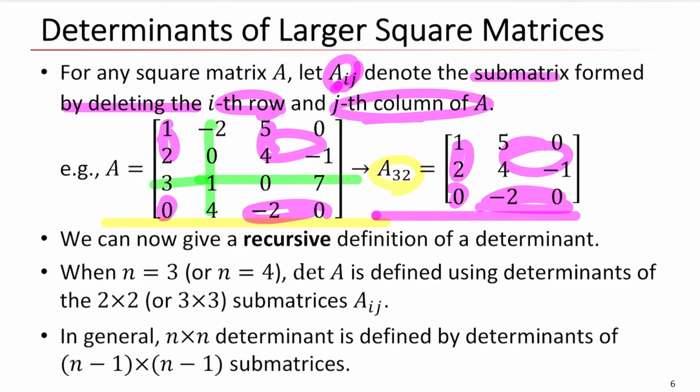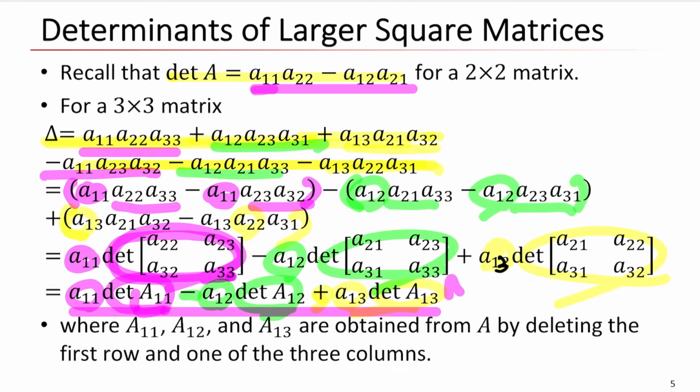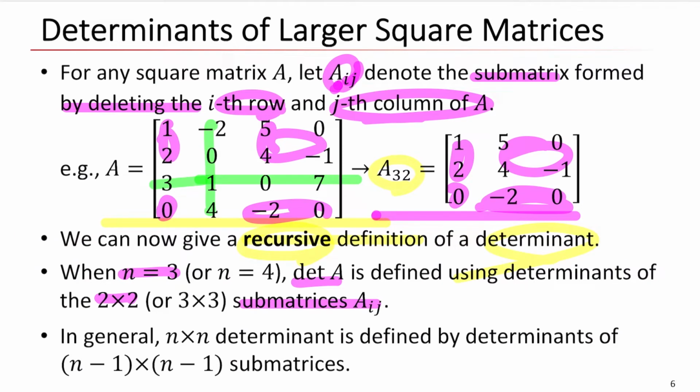Then in other words, we can now have a recursive definition of the determinant. So what does it mean? If n is equal to 3, determinant A is defined using the determinant of the 2 by 2 submatrix Aij, like this. Or if n is equal to 4, the size of the matrix is 4 by 4, determinant A is defined using the determinant of the 3 by 3 submatrix.